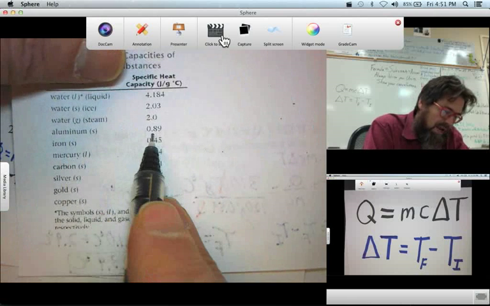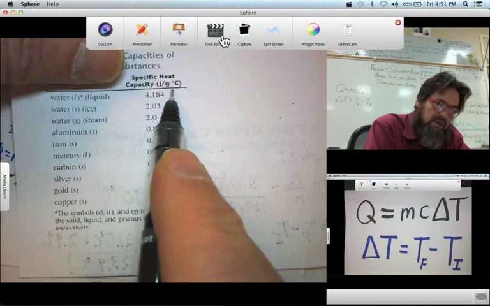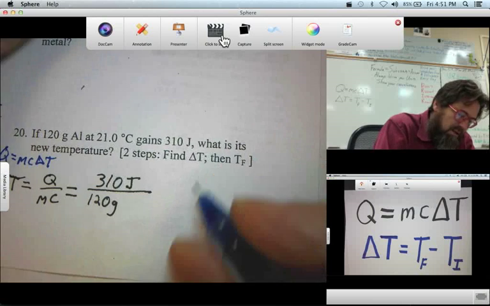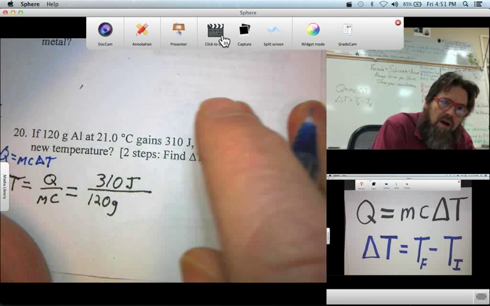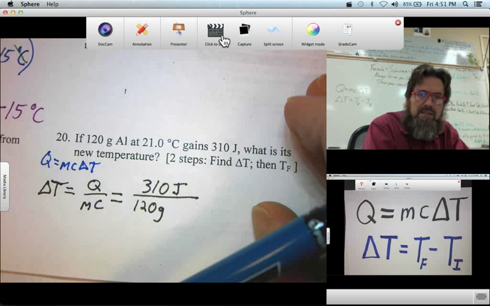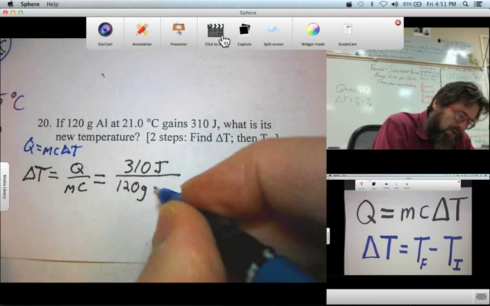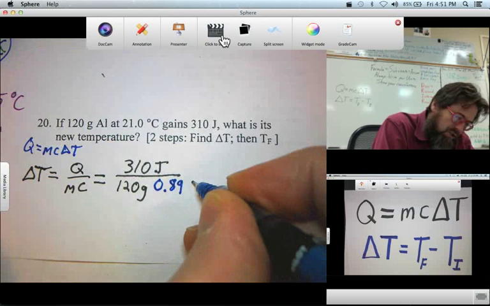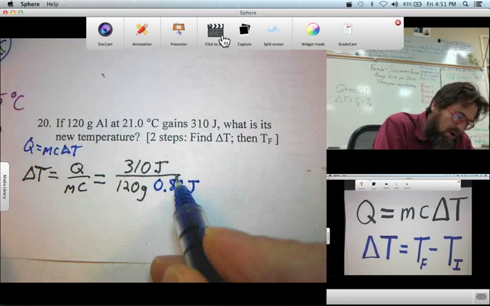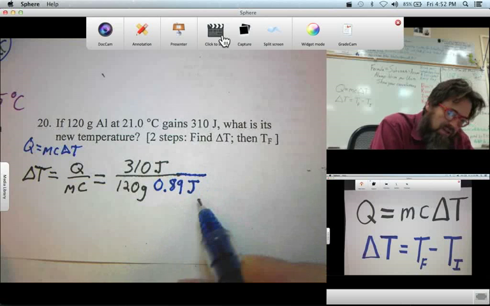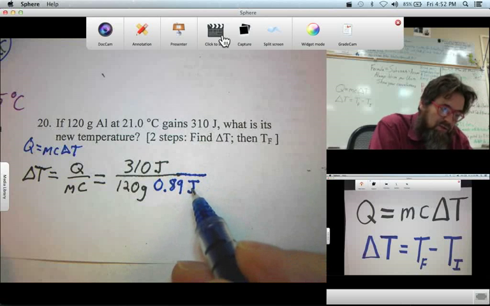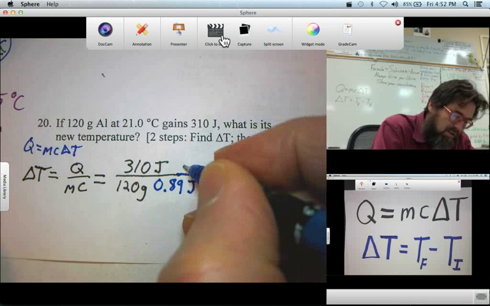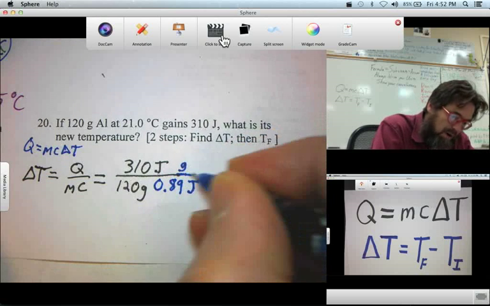Aluminum, 0.89 joules per gram degrees C. I'm going to write it in blue so it doesn't run together with the other stuff. Rather than introduce another divisor line, I've got one, so the joules per gram degrees C goes on the other side of the divisor.